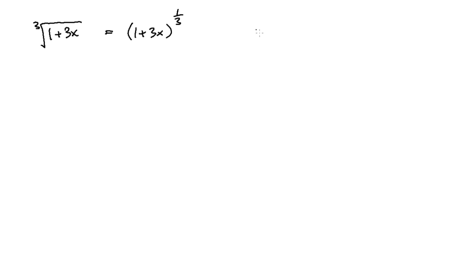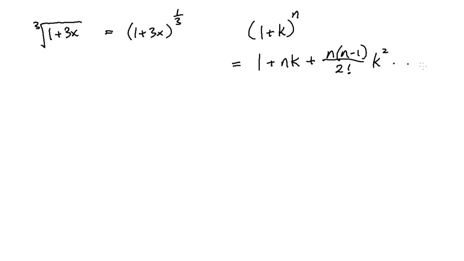And the general form of binomial expansion is 1 plus k to the power n equals 1 plus nk plus n times n minus 1 divided by 2 factorial k squared, and so on. We only need the first three terms, so that will be all we need. In this case, k is equal to 3x and n is equal to a third.